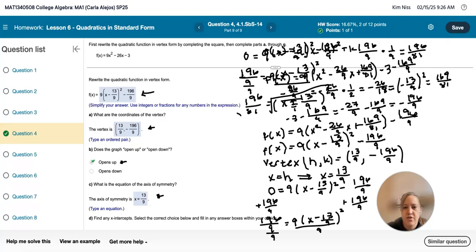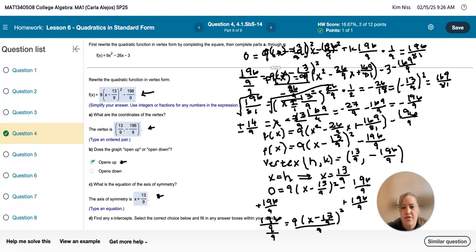And remember, when you take the square root of both sides, you get a positive and a negative value. The square root of 196 is 14, and the square root of 81 is 9. So we end up with plus or minus 14 over 9 equals x minus 13 over 9.